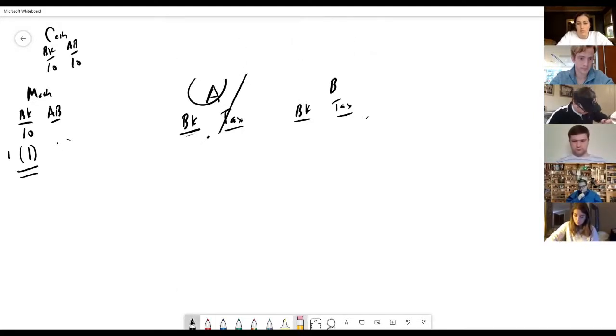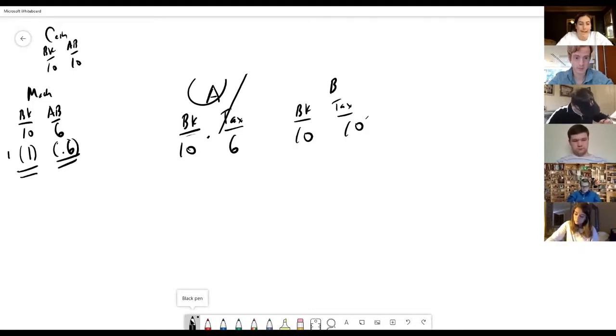So everything's the same. Book is still the same. B's book is still the same. A's tax capital account is 6 because the basis is now 6. And now the depreciation each year for tax is 0.6. So our book depreciation is 1. Our tax depreciation is 0.6.